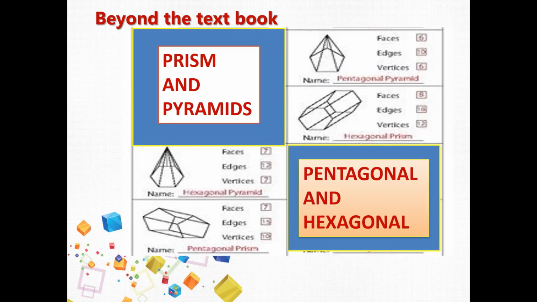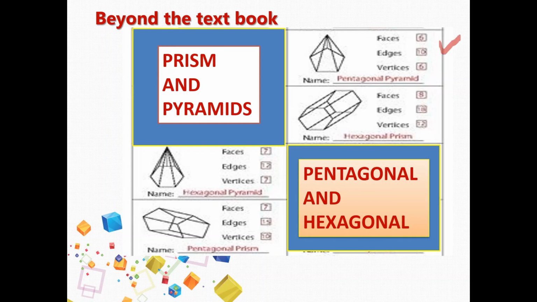So here I just want you to learn some more shapes which are not there in your textbooks, like prisms and pyramids. And I was telling you about it in my previous slide. There are some hexagonal pyramids and pentagonal pyramids, and hexagonal prisms and pentagonal prisms I've taken for you. So let me just show you quickly. Like this one is a pentagonal pyramid.